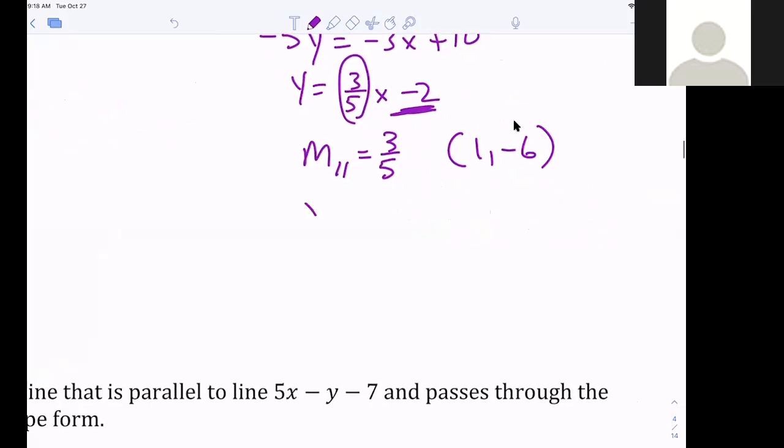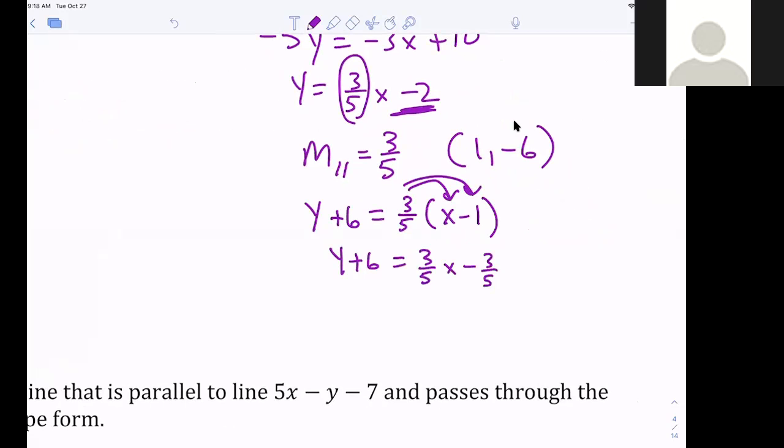So now y minus negative 6, y plus 6 equals 3/5 times x minus 1. Now it's not in the right format, so I have to distribute the 3/5. y plus 6 equals 3/5 x minus 3/5. Do you agree with that?